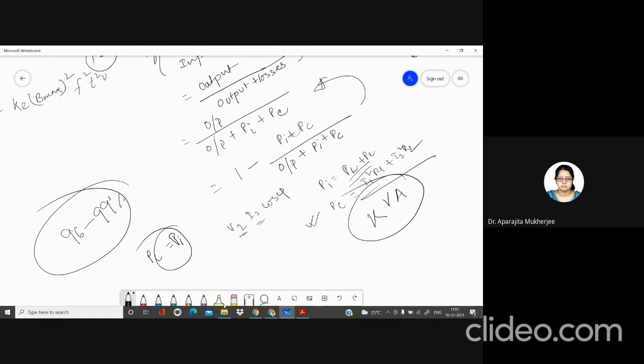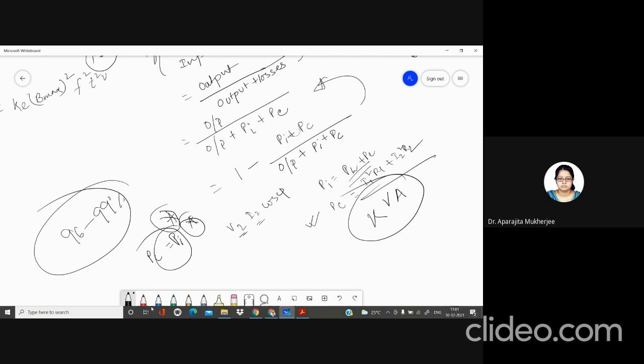Okay, so this is all about the transformer, and this is also a very important concept: whenever the copper loss is equal to the iron loss, we get the maximum efficiency of a transformer.